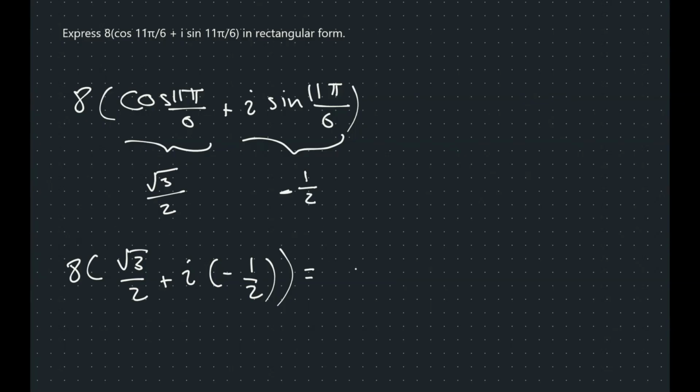So 8 times root 3 over 2 is just 4 root 3 plus, of course, i times 8 times negative 1 over 2, which is negative 4. And this is our answer. Let me write it more neatly. We'll have 4 root 3 minus 4i.